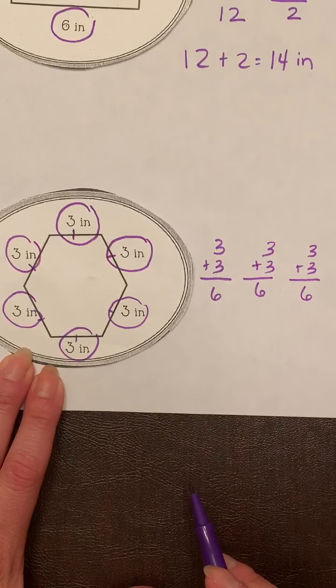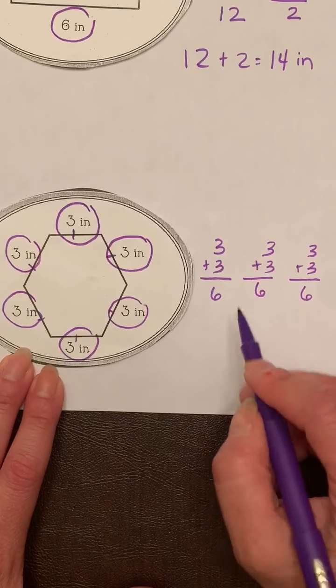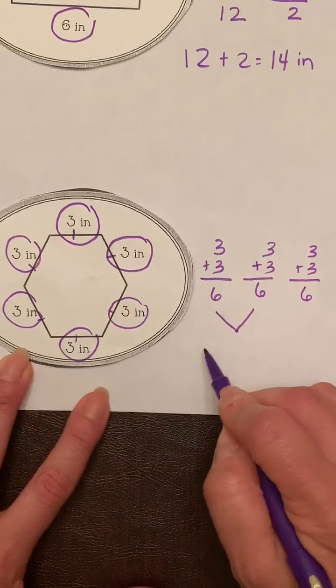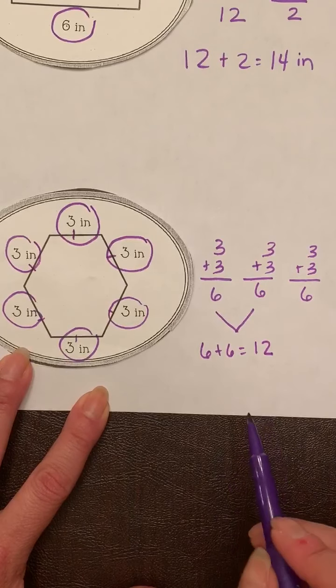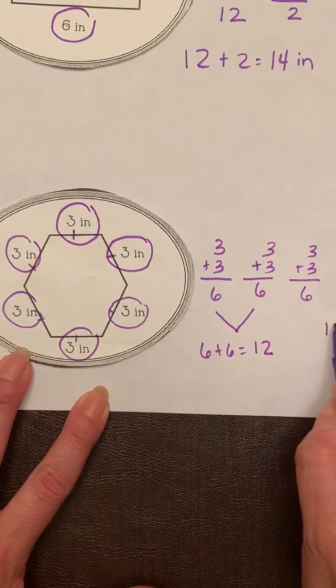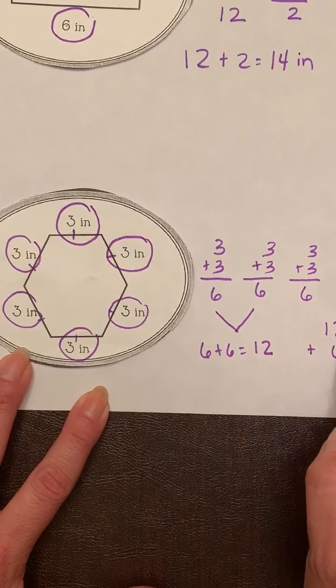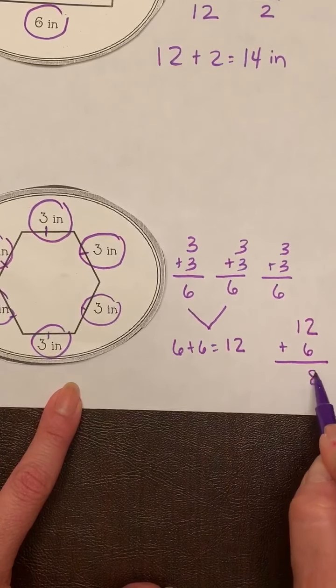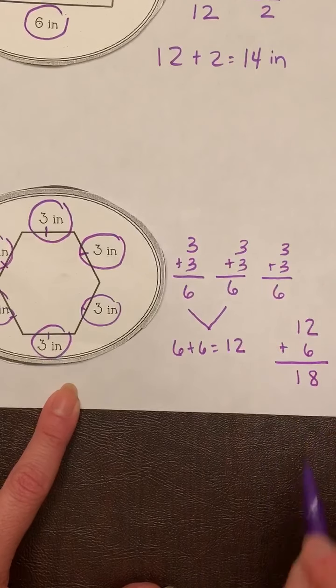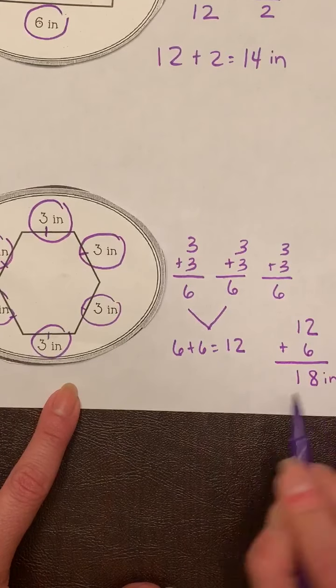Now we have to take those lengths and add them all together to find the perimeter. Now I know that 6 plus 6 is going to be equal to 12. And now I can take this number 12, and I'm going to stack my numbers, and I'm going to add 6 to it. So 2 plus 6 is 8. And 1 plus 0 is 1, and I get my answer to be 18 inches.